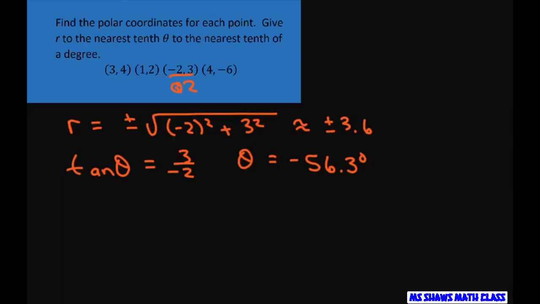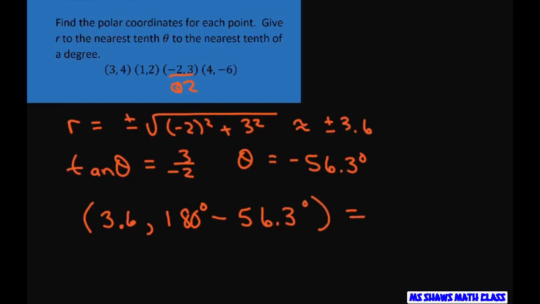Since we're in quadrant 2, and since we did the inverse, we're going to use 3.6 for r to make it positive, and then we're going to take 180 degrees minus 56.3 degrees.